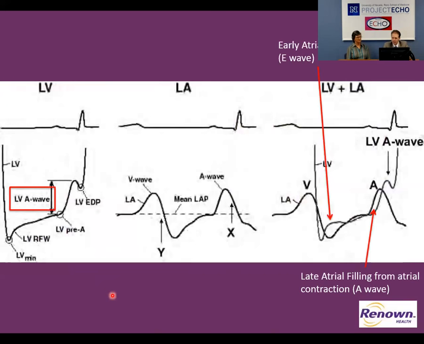So the idea is that if you put the left ventricular and the left atrial waveform together, when the left atrial waveform is higher than the left ventricular waveform, then the ventricle fills. So the atrium has to be higher pressure than the ventricle to get the blood into the ventricle. And that happens in two phases.